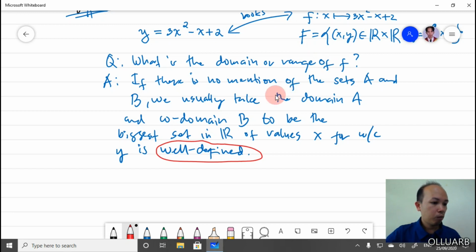Okay, but there are equations that are hard to get the domain and the range for.